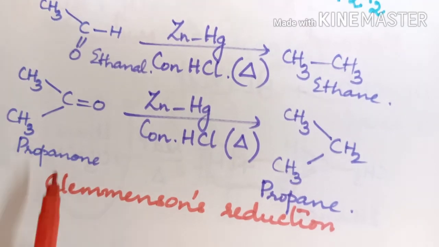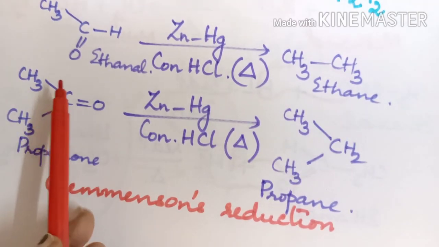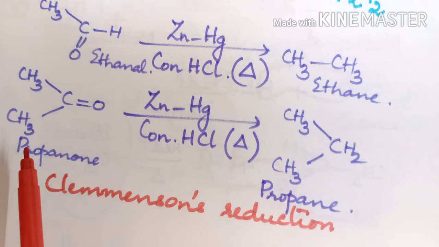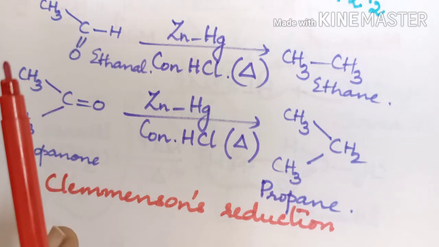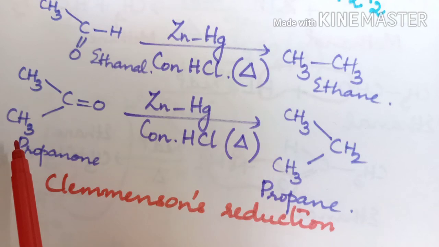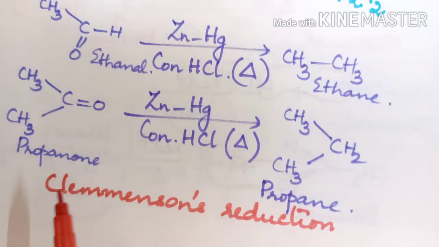It is a method of reducing an aldehyde or a ketone, when it is reduced with amalgamated zinc in the presence of concentrated HCl, it results in the formation of alkanes. This process we call Clemmensen's reduction.